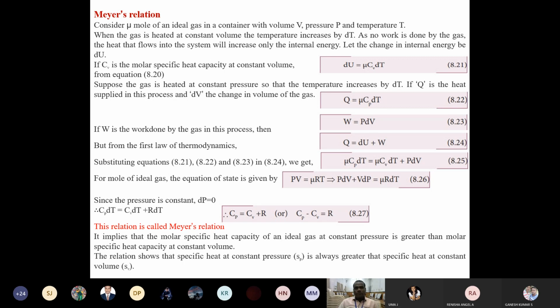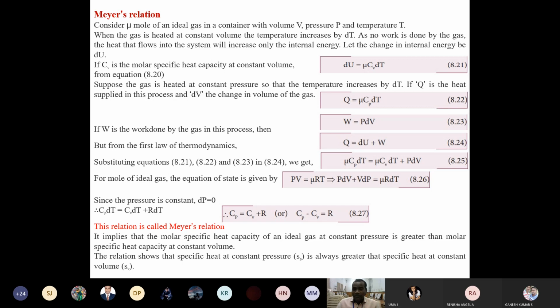Then for a mole of ideal gas, the equation of state is given by PV is equal to mu RT, where mu is the number of moles and R is the universal gas constant. We can differentiate this equation.